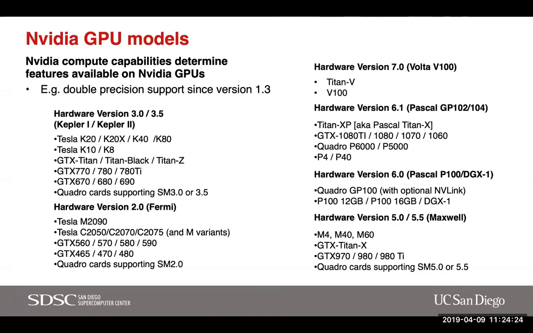The so-called compute capability determines the features that are available on NVIDIA GPUs. For instance, double precision support was introduced in version 1.3, but that's a long time ago, so all current cards support double precision, and that's here just an overview that you can pull information also from Wikipedia or from NVIDIA's websites.